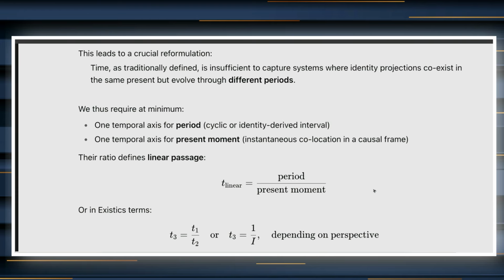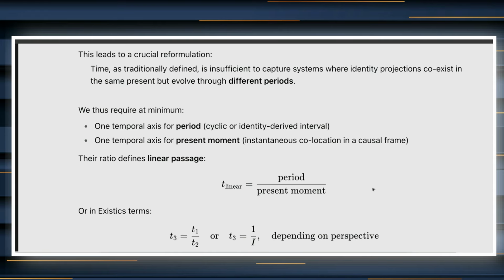This leads to a crucial reformulation. Time, as traditionally defined, is insufficient to capture systems where identity projections coexist in the same present but evolve through different periods. We thus require at minimum one temporal axis for period, cyclic or identity-driven interval, or one temporal axis for present moment, instantaneous co-locations in a causal frame. Their ratio defines linear passage.